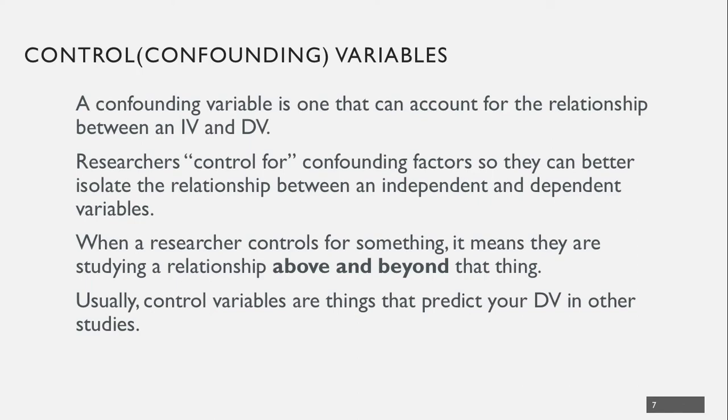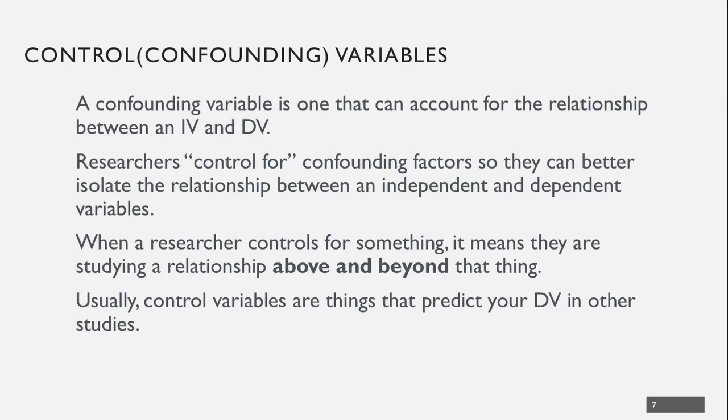So, control variables are a special type of variable. They predict the dependent variable, and so in some ways they're kind of an independent variable as well, but not the main independent variable, not the independent variable we usually talk about when we say independent variable. So we usually talk about the variables as independent variable and controls, even though the controls kind of act as independent variables too, because they predict the dependent variable.